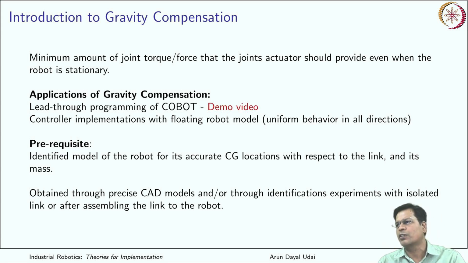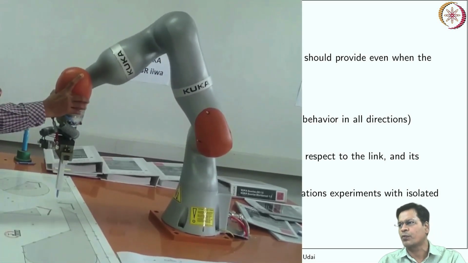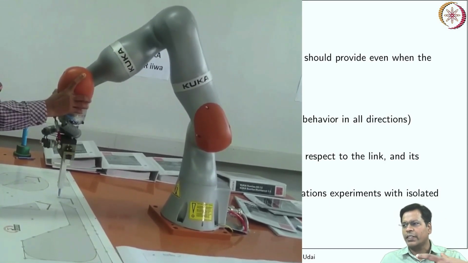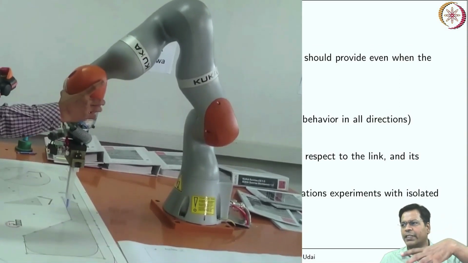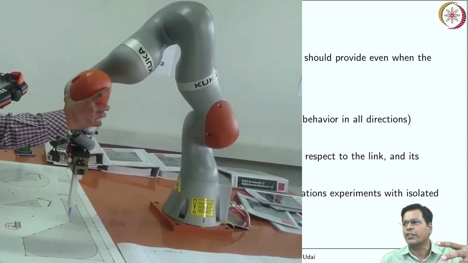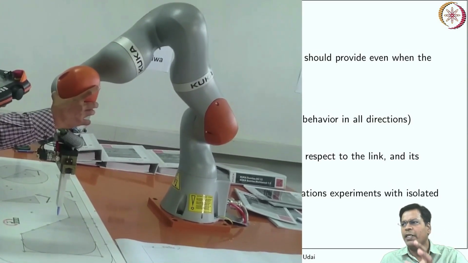Lead-through programming is done with a cobot. I'll show you a quick video that I recorded earlier in my lab. You see what I am trying to do. It's a freely floating robot that floats in the air because it is gravity compensated. I don't feel the masses of the links when I manipulate the robot using my hand.